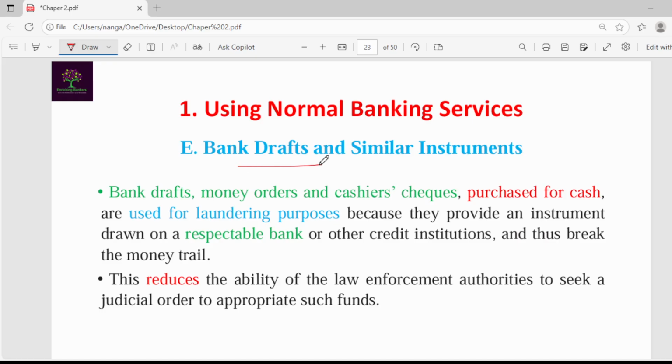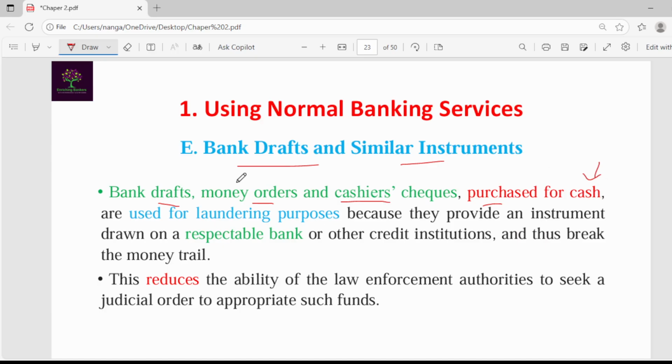Next method is bank drafts and similar instruments. Money launderers or terrorists purchase bank drafts, money orders, and cashier checks through their illegal funds or through cash.